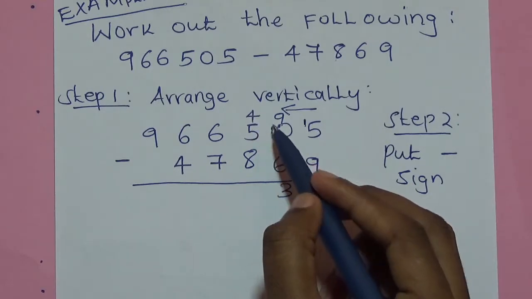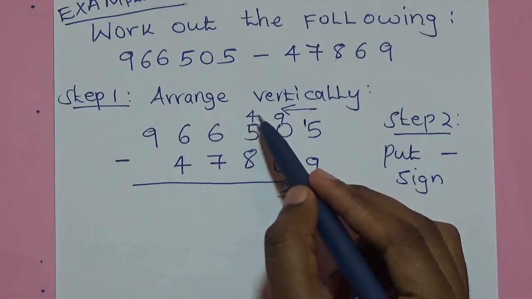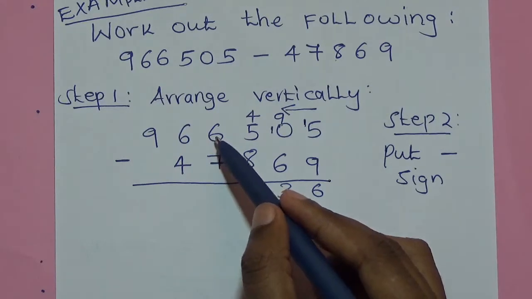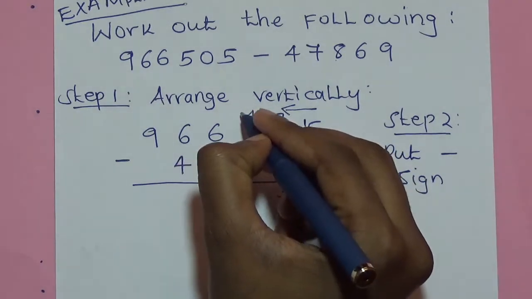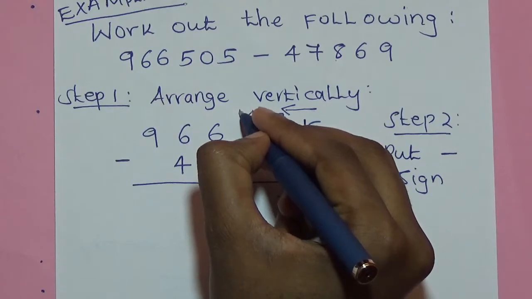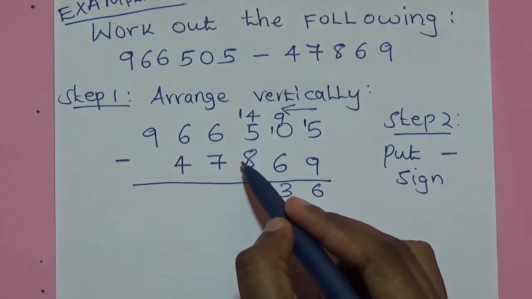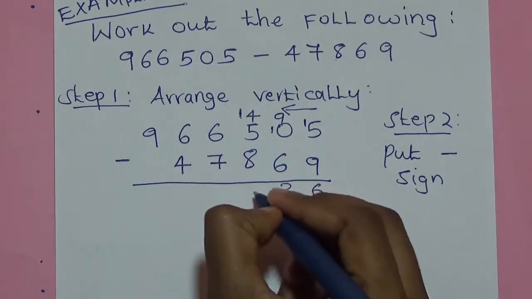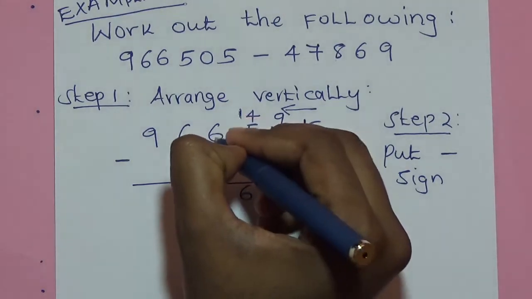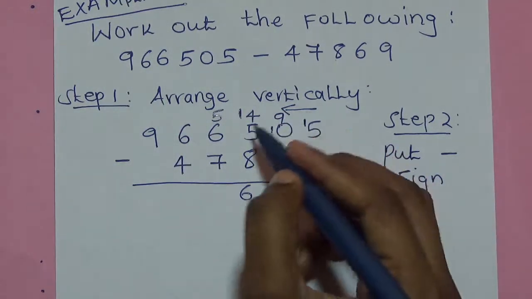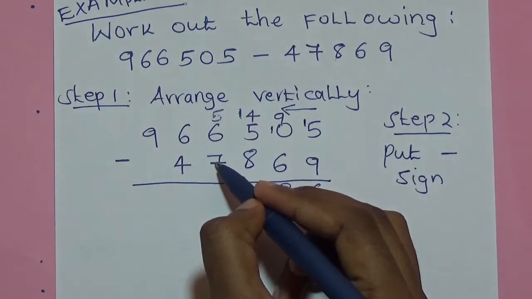Then here we have 4. 4 we subtract 8. We need to borrow 1 from 6. So when you borrow 1, here it will be 14. So 14 we subtract 8, we are left with 6. And here we borrowed 1, so we are left with 5. 5 cannot subtract 7.